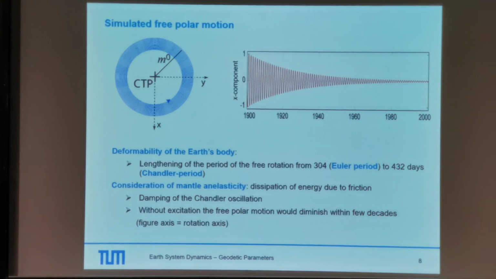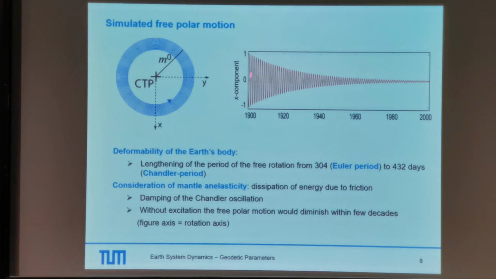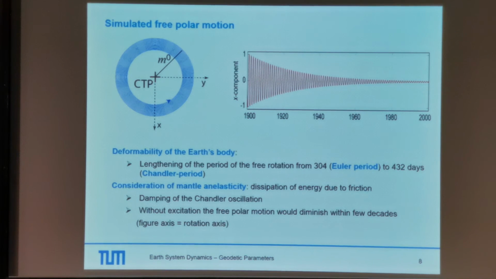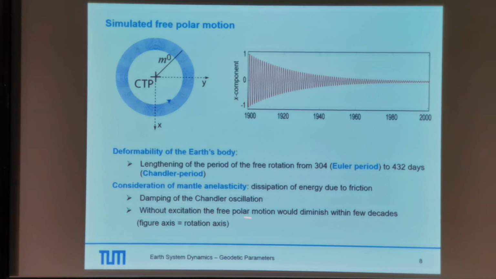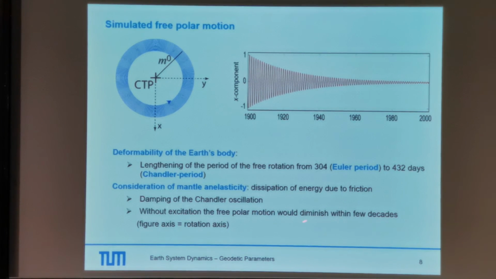So let's assume it's excited by something in 1900. Then this 432-day oscillation would vanish up to the year 2000. Without an excitation, the free polar motion would diminish within a few decades.